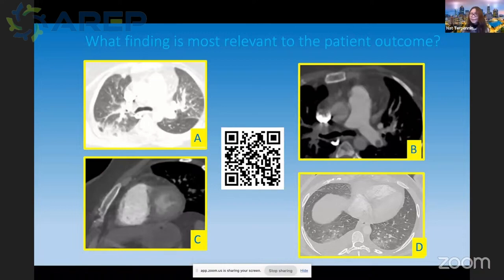Okay, I start now. Which finding has the most impact on the patient's clinical outcome? Is it finding A, B, C, or D?